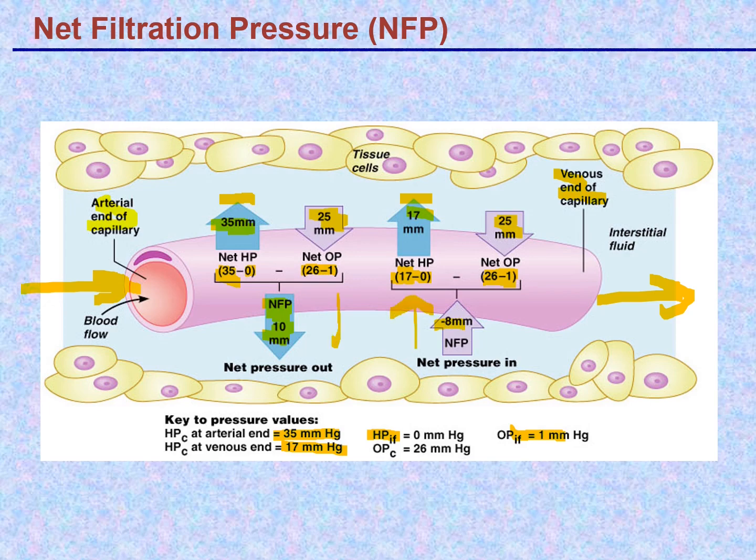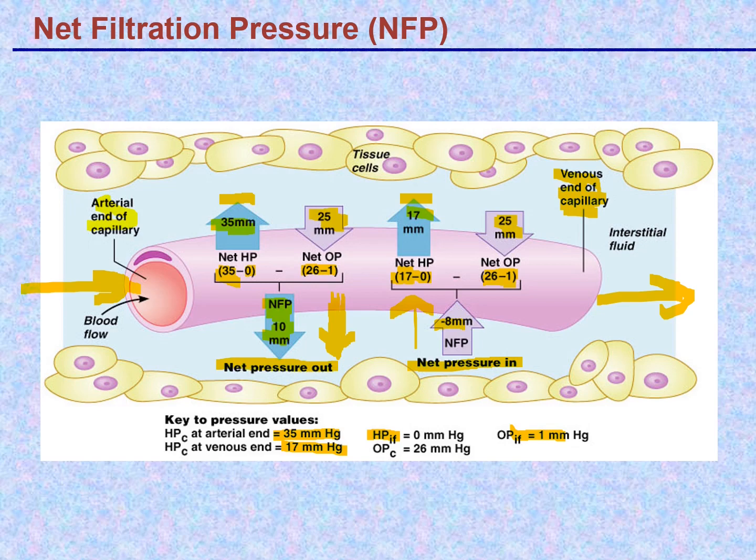Here it's an outward pressure, and it's slightly bigger than the inward pulling pressure, which means that some fluid stays in the interstitium. So as blood flows into this capillary, fluid is getting pushed out, and some of it doesn't get pulled back in. Most of it gets pulled back in further down the capillary towards the venous end, because of this inward net filtration pressure.